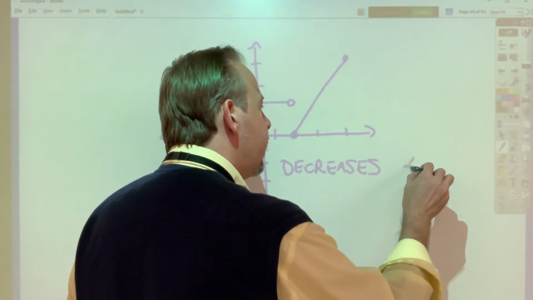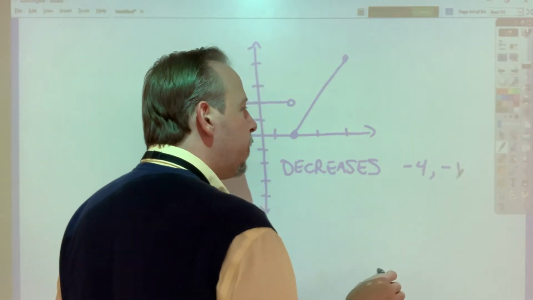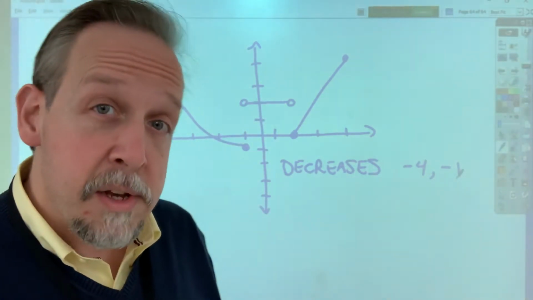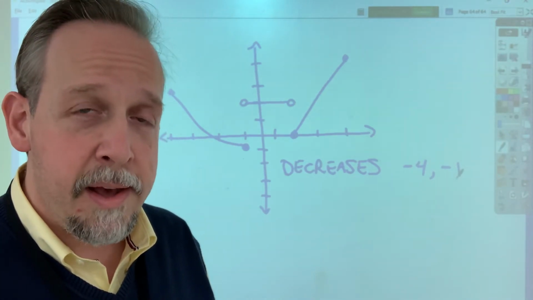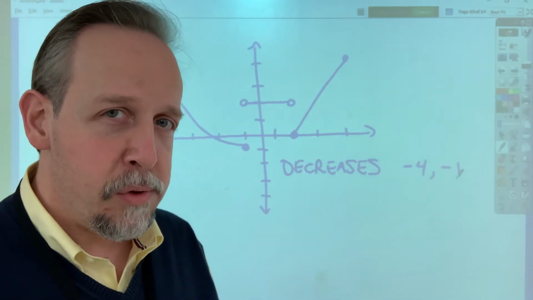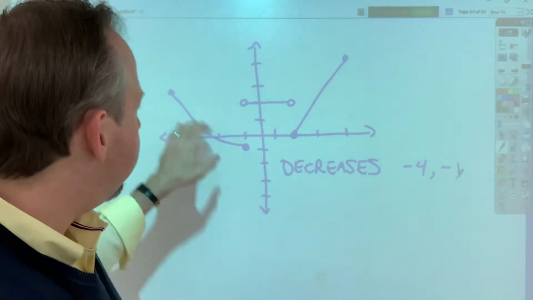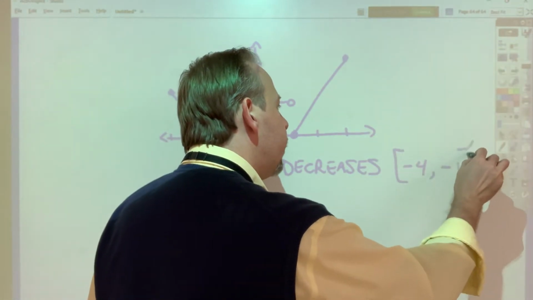So we're going to say [-4, -1], first of all, because it's continuous. So at every point between -4 and -1 on the x-axis, our function is decreasing because it includes those endpoints with the closed dot. We use brackets around those values.